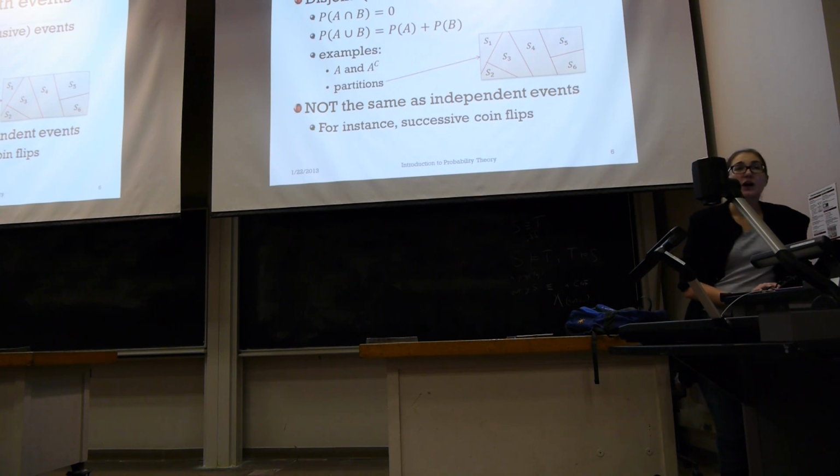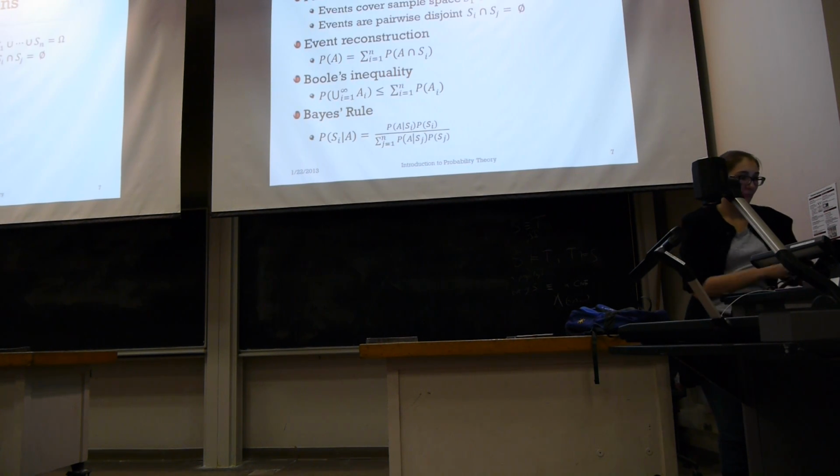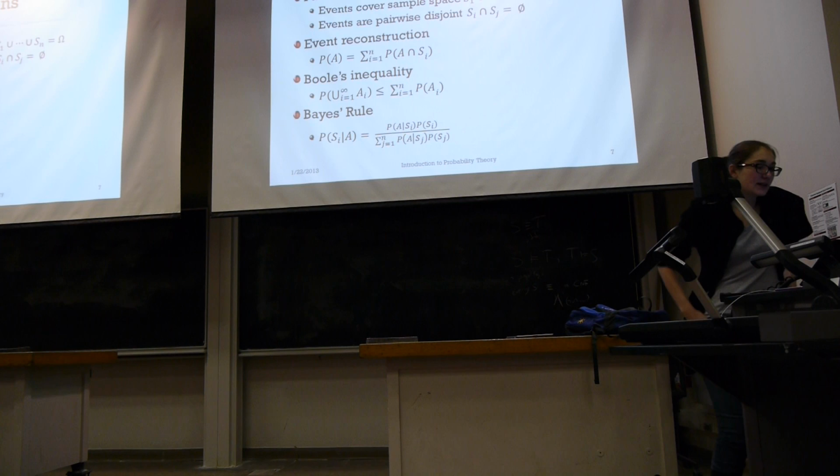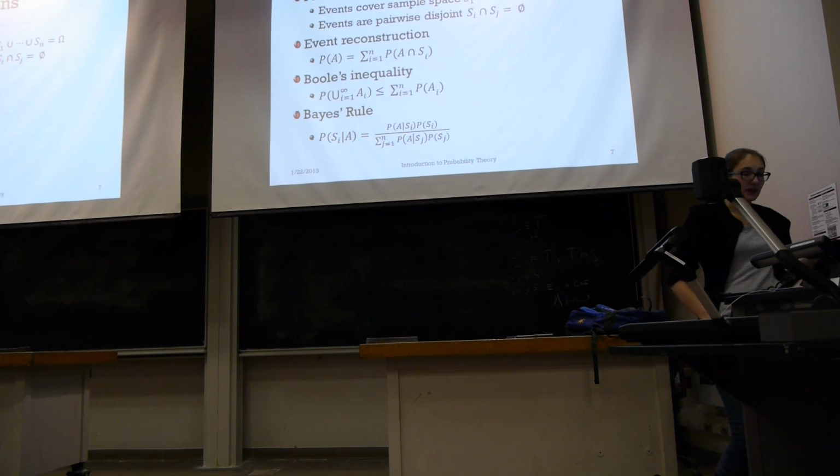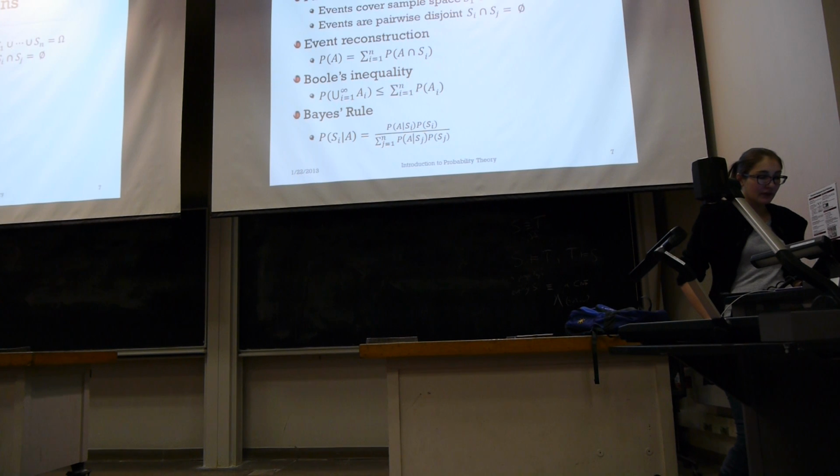Be careful that this is not the same as independent events, such as successive and non-influential coin flips. Samples that are IID are in general independent events. As I said, partitions are events that cover the entire sample space and are pairwise disjoint.